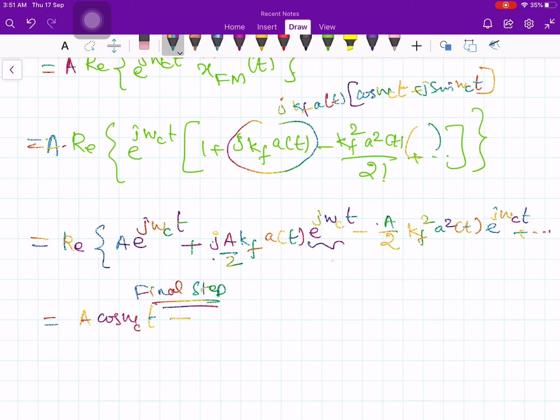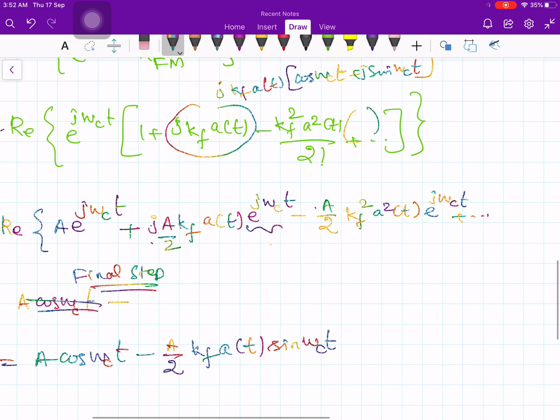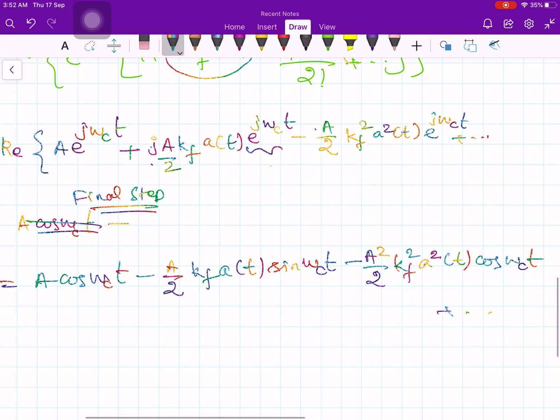So in between the algebra you can do. So a cos omega ct minus a by 2 kf a of t sin omega ct minus a squared by 2 kf squared a squared of t cos omega ct, plus it keeps on going.